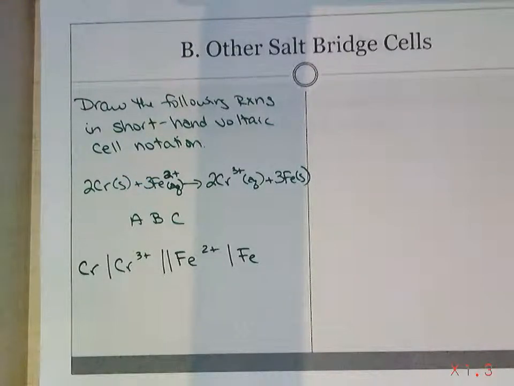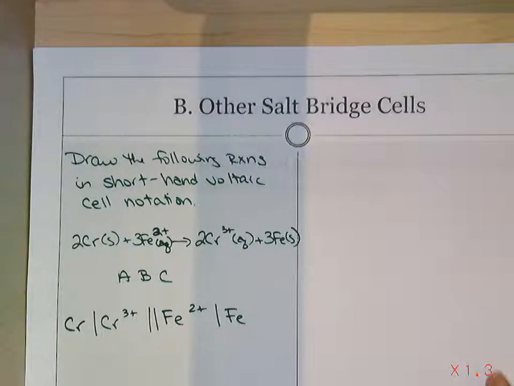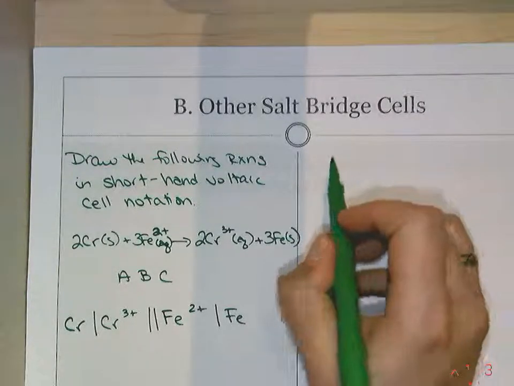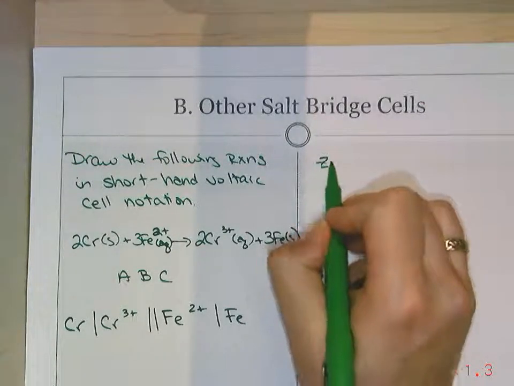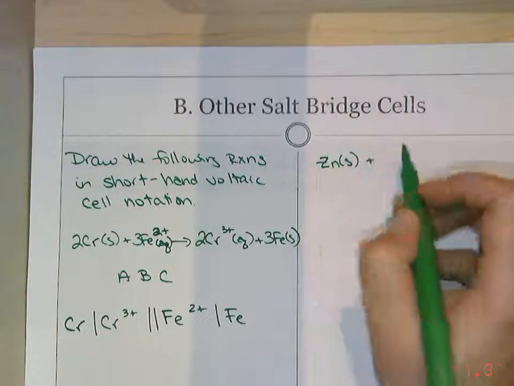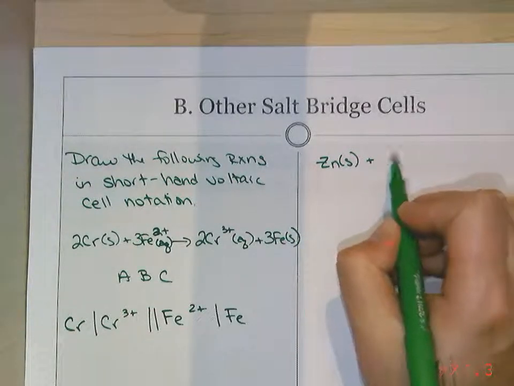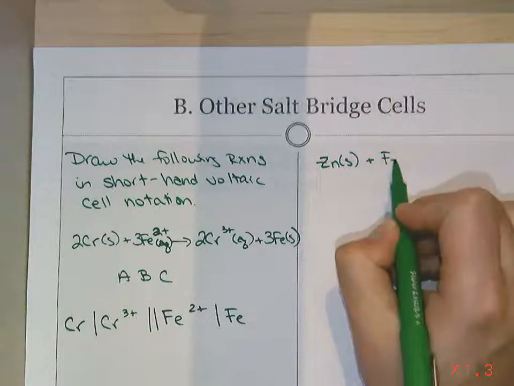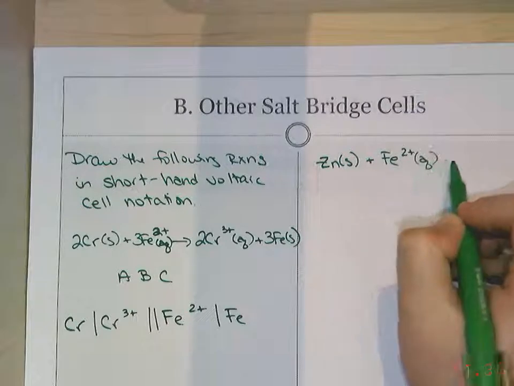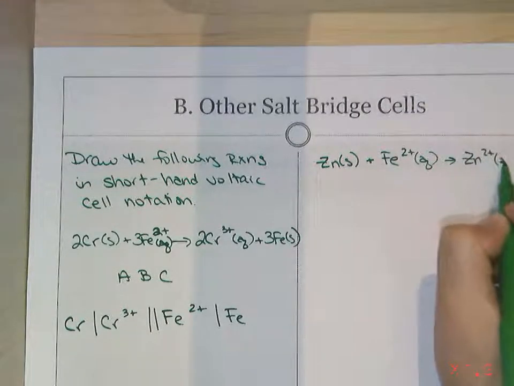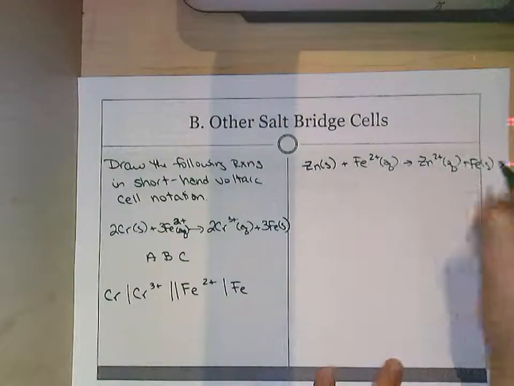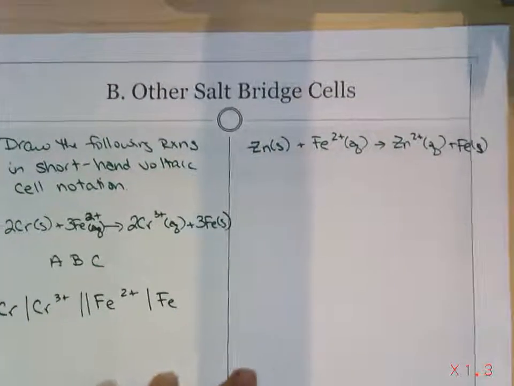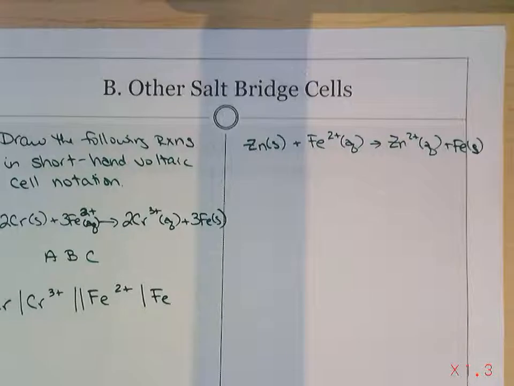Okay, what if I have zinc solid and iron plus 2 going to zinc plus 2 and iron solid.